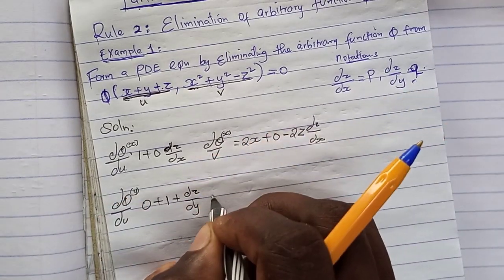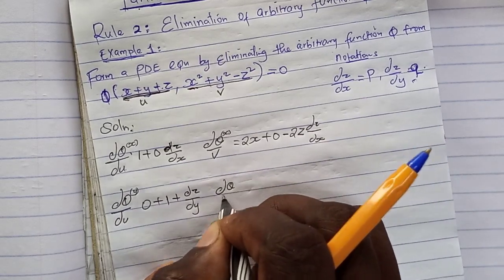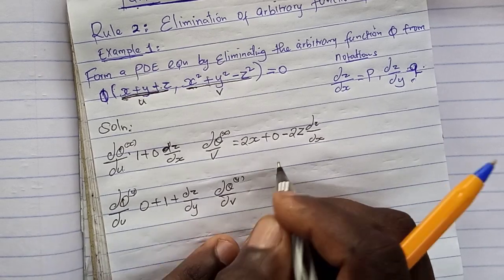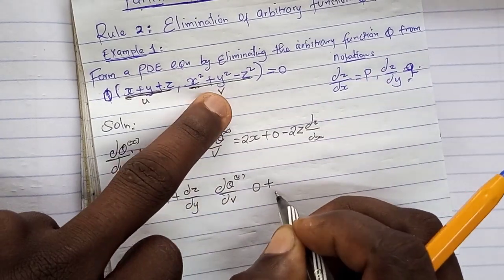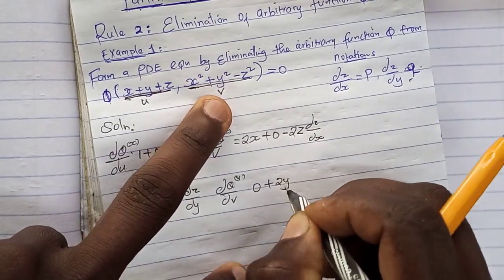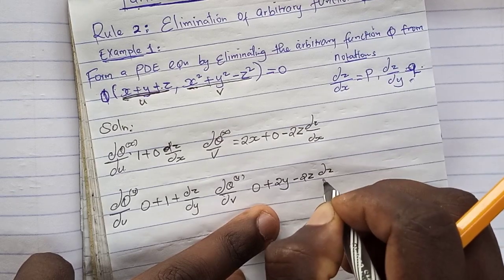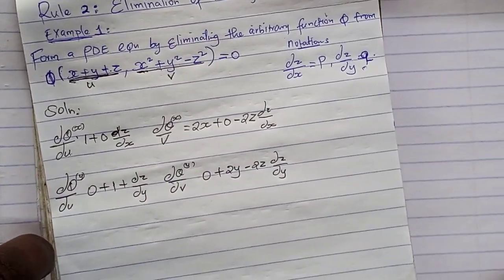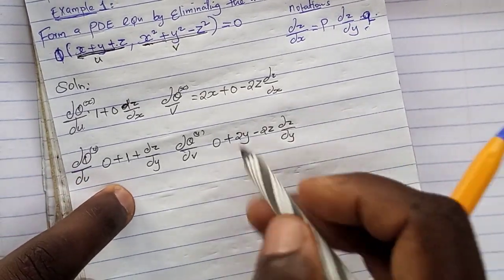Then this other part, partial v with respect to y, we get 0 plus 2y minus 2z partial z partial y. Correct.